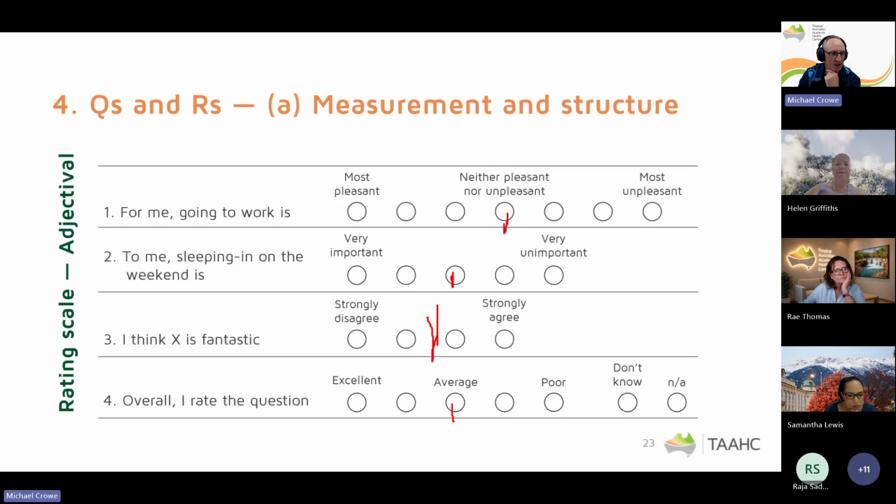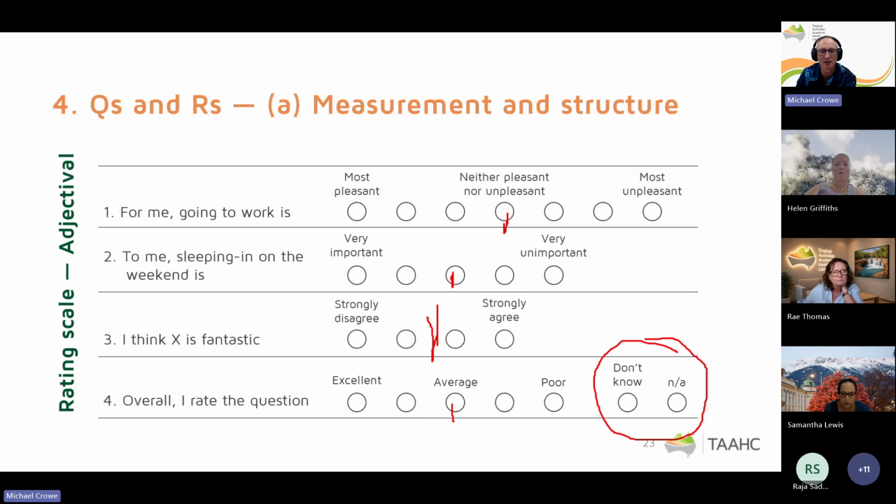With adjectival scales like the ones on the current slide, I tend to just label the first, the middle, and the end one, because people then can make up their own minds what everything else means. Then you can have ones like at the end here of don't know or doesn't apply to me or whatever. I tend to go with that.